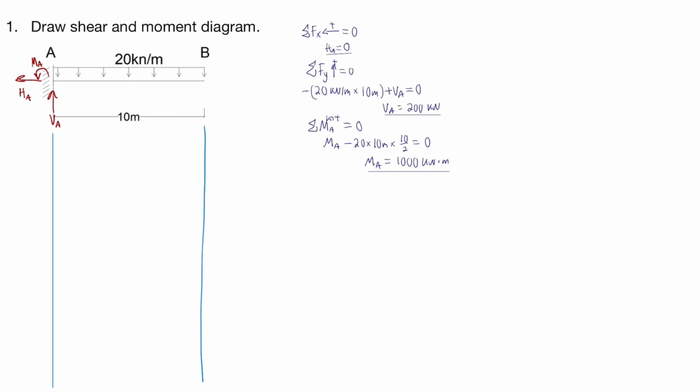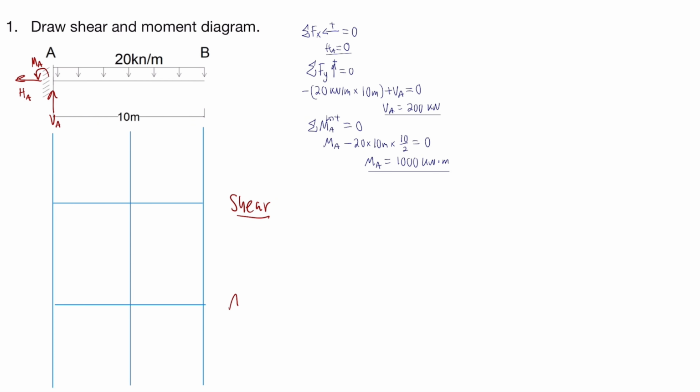I'm going to draw these lines to help us draw these diagrams. So first, we are going to do the shear diagram. This will be the shear. This will be the moment. The first thing we will do is start on the left-hand side. The first shear load will be this load here, the VA, and we solved for VA, and it was 200.